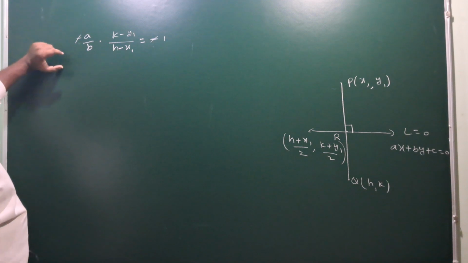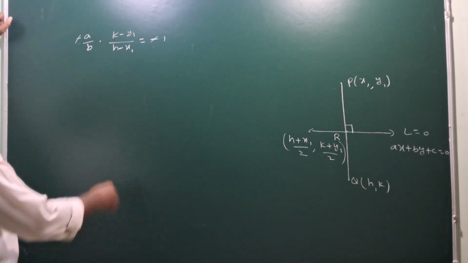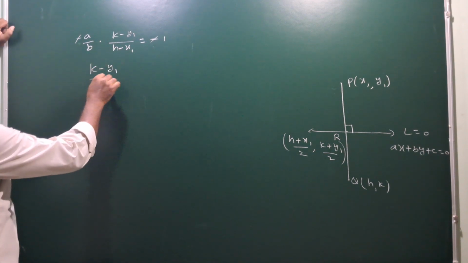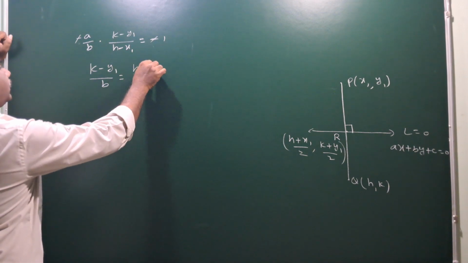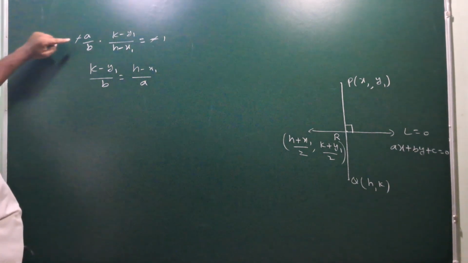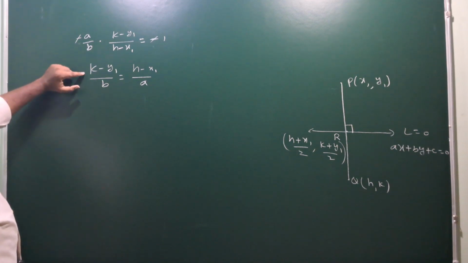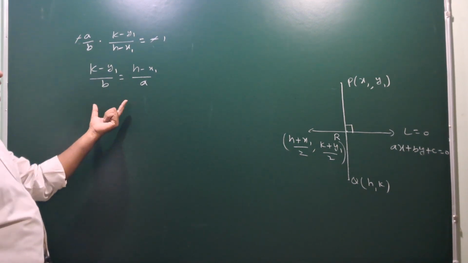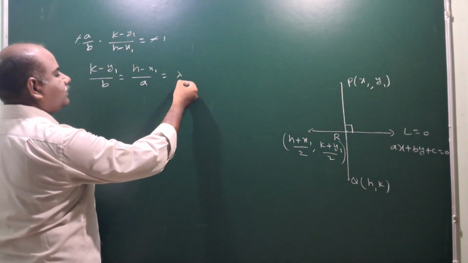Now we have to transpose a and h - x1 to the right side, then it becomes (k - y1)/b = (h - x1)/a. These two are equal. Let us say these are equal to some lambda, which is a real number.